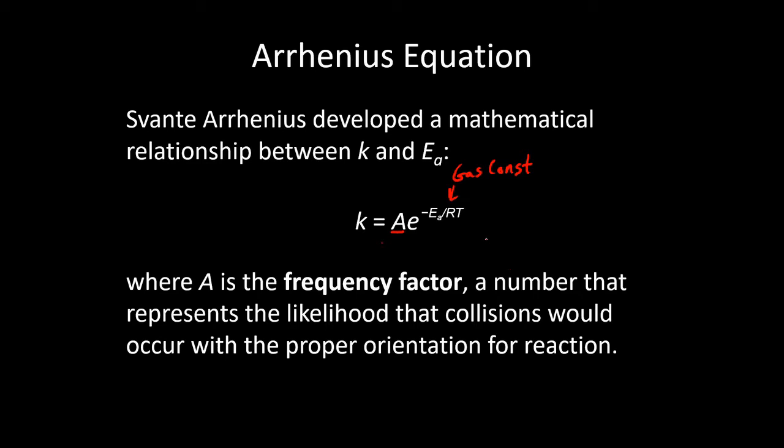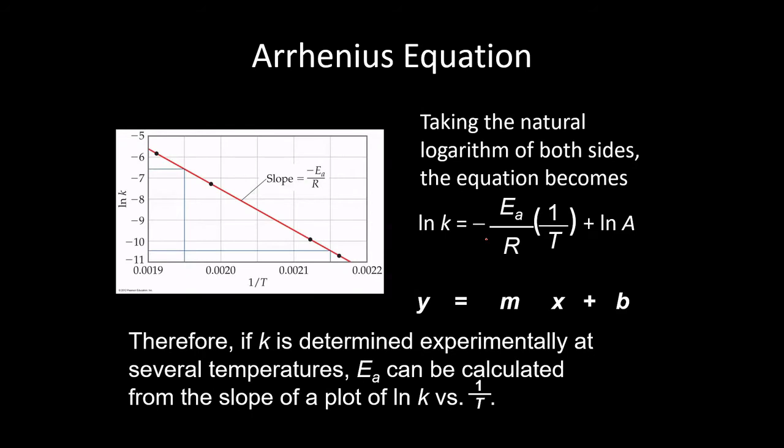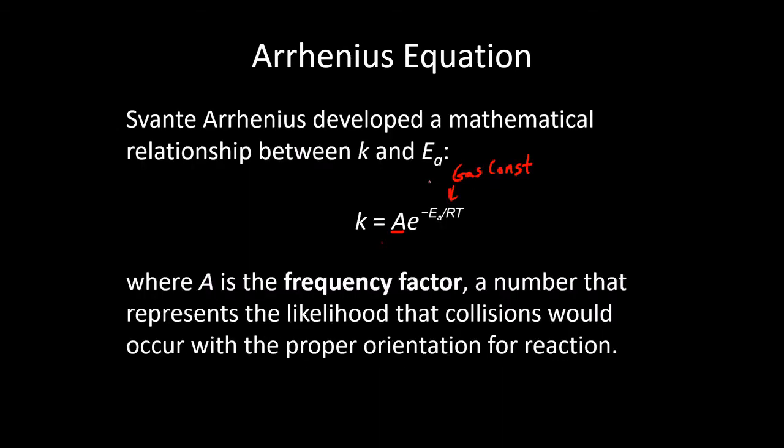Okay, so we have all kinds of stuff in this equation. This is a very handy equation. It is very useful, but it is even more useful if we rearrange it just a little bit so that it is in a linear format. So this is the same equation we saw over here.